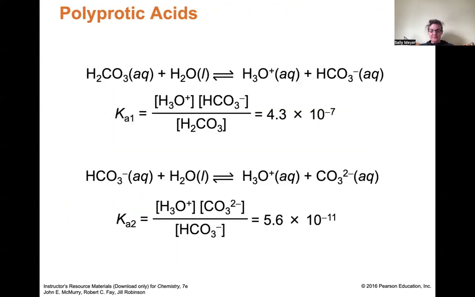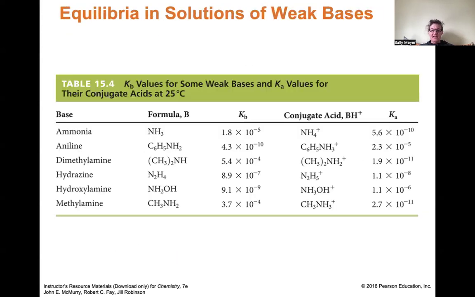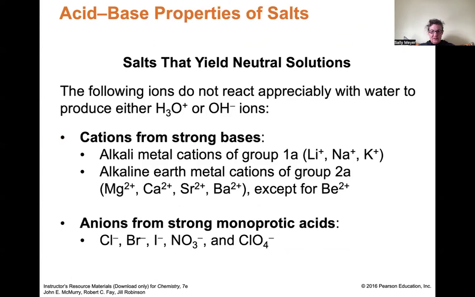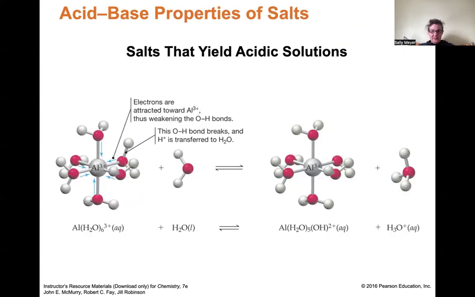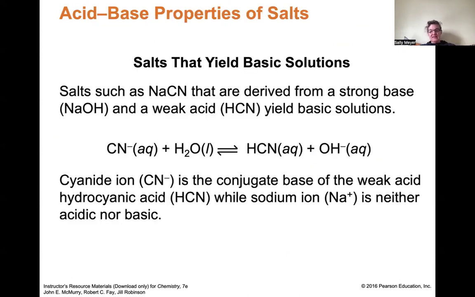Therefore, if you put CN- into water, and you know that HCN is a weak acid, that means that CN- is a weak base. So if you dissolve sodium cyanide, which produces CN- in water, you're essentially putting a weak base into water.